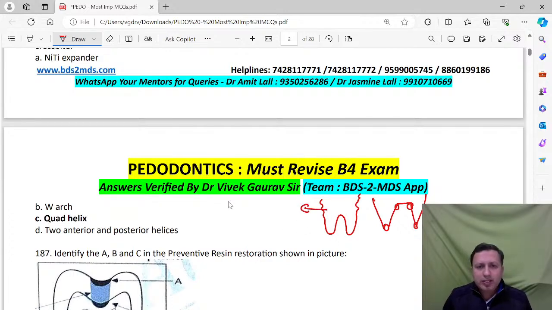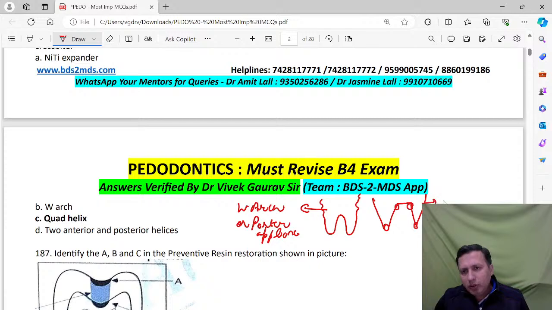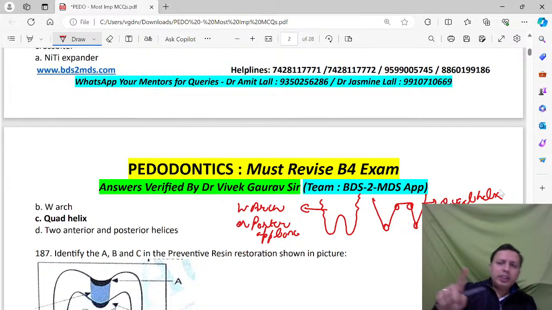Now this is called the W arch or Porter appliance, and this is called quad helix, which is used for the correction of posterior crossbite.